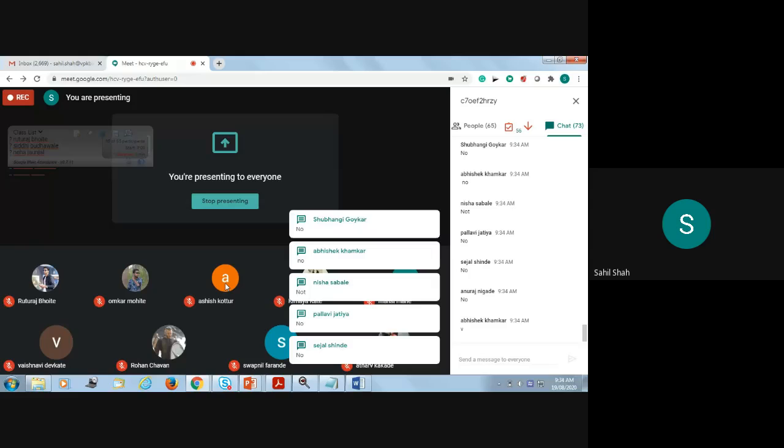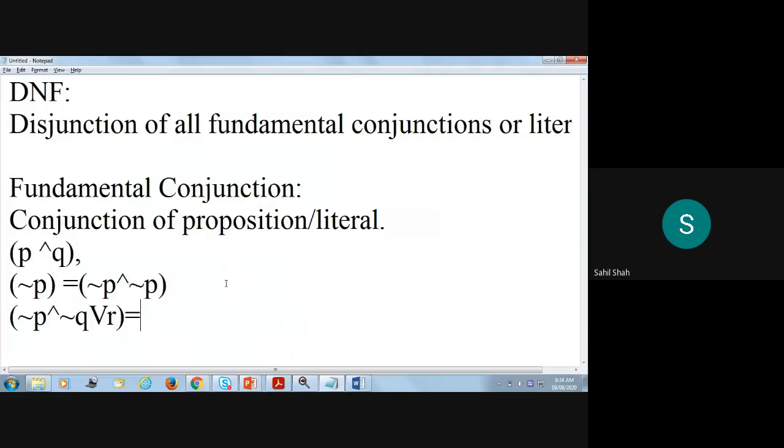Or is present, correct, Abhishek. If or is present, that means disjunction is present, and the definition of fundamental conjunction requires a conjunction of propositions or literals. So this is not a fundamental conjunction.